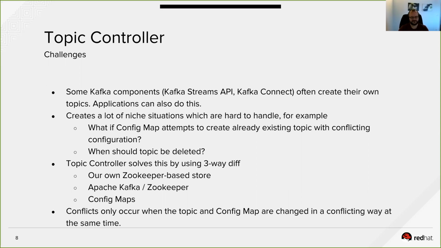That's why we have this three-way diff, which is able to reconcile all the changes and give you the view of the Kafka topics both from Kubernetes as well as from Kafka itself.